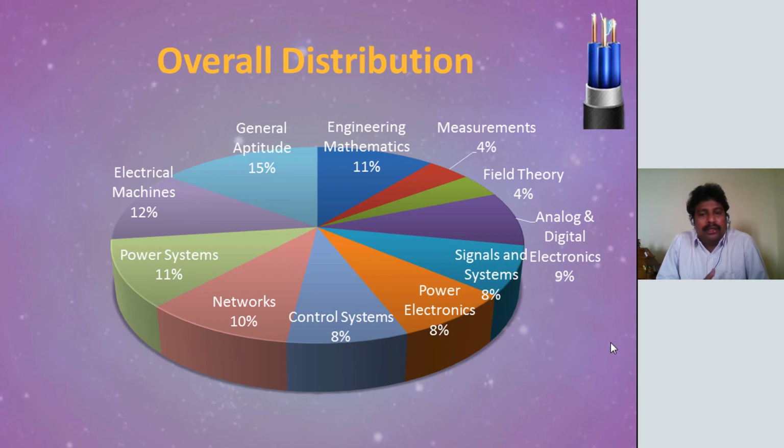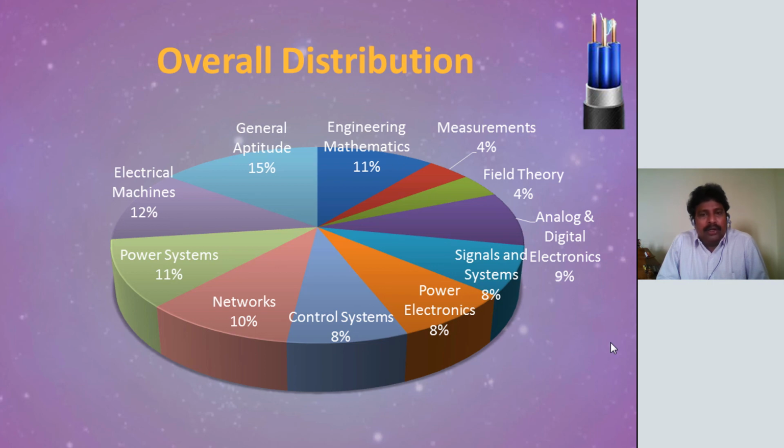So if you produce 50% of your efficiency in all these subjects, definitely 67% into 0.5 would be equal to 32.5.